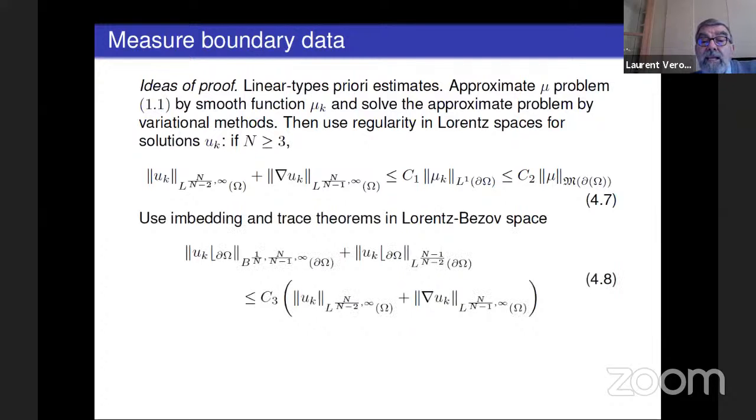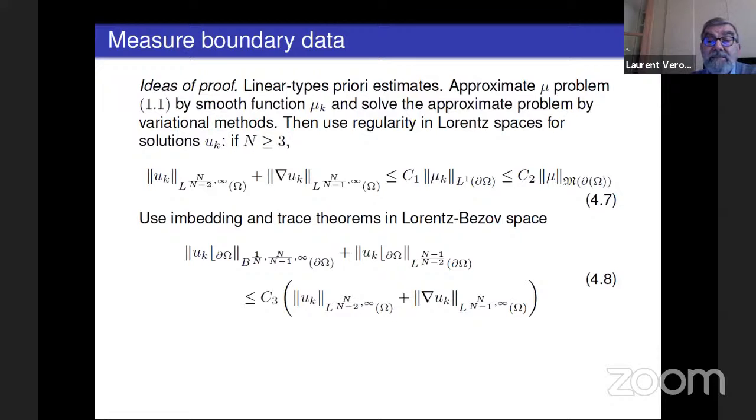Okay, and now you have estimates inside, you need to have estimates on the boundary. For that, you need trace embedding and trace theorems in Lorentz Besov space. So you are obliged to introduce Besov spaces because you are working with Lorentz spaces. It's a bit complicated, but it's not so ugly.